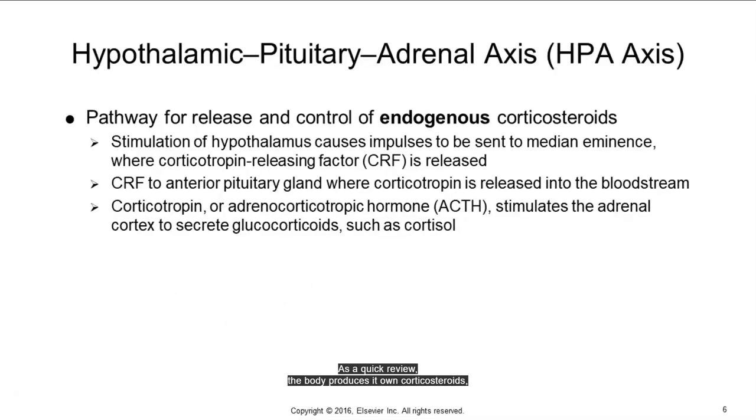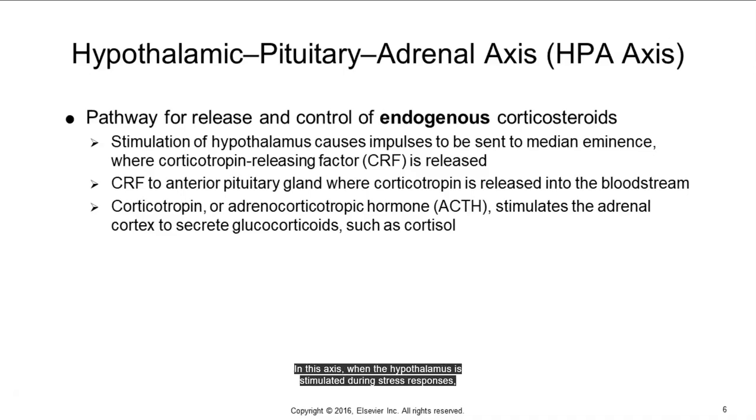As a quick review, the body produces its own corticosteroids, known as endogenous corticosteroids, which regulate metabolism and immune response. When these are produced, the body uses what is known as the HPA axis, which stands for hypothalamic, pituitary, adrenal axis.